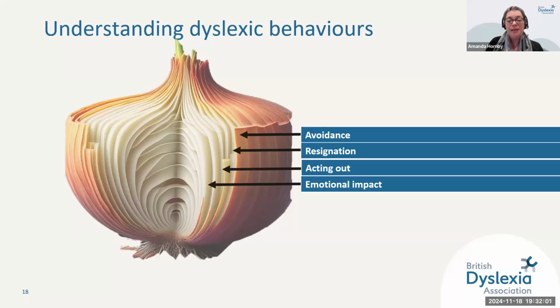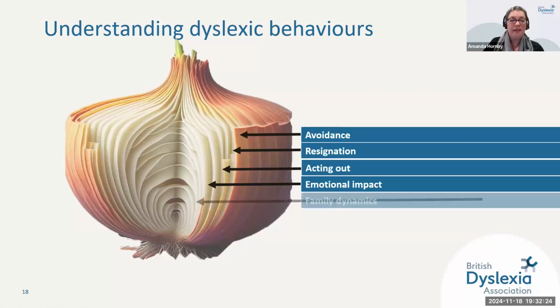And this emotional toll can really manifest in varying behaviors. It might be either withdrawal or, on the other end of the scale, aggression. So bear that in mind with the behaviors that you might see on the outside.